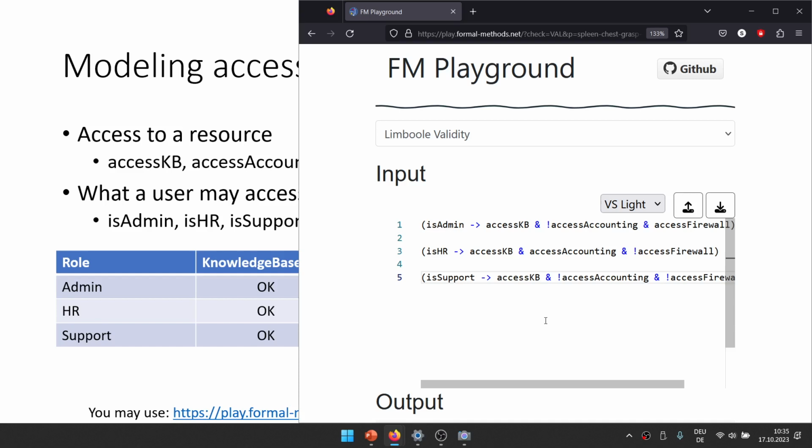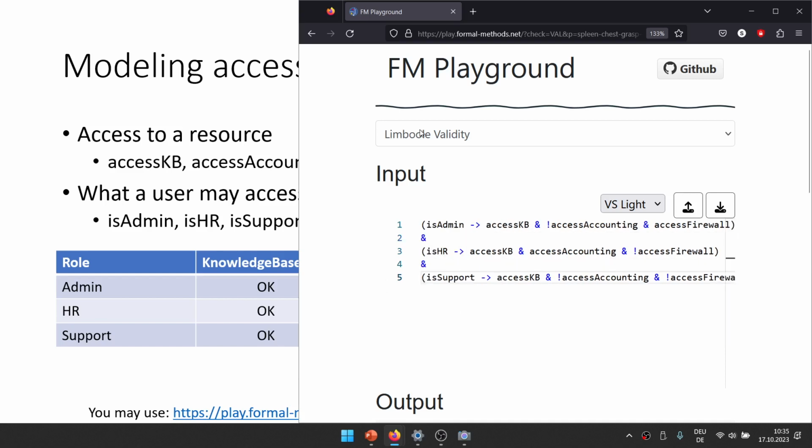Is it either the rules for the admin have to be in place, or the rules for HR, or the rules for support? All of them, right? All of these rules have to be applied. We're determining if you have this role, then you have these accesses, right? So let's put an AND between them.